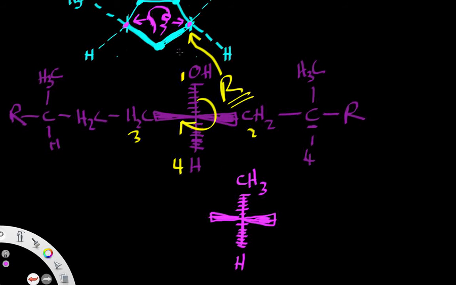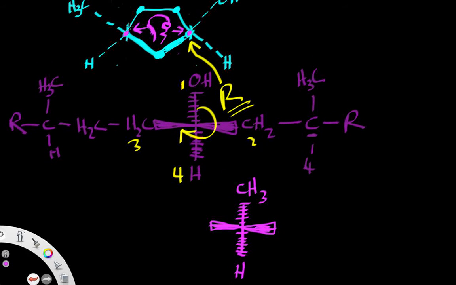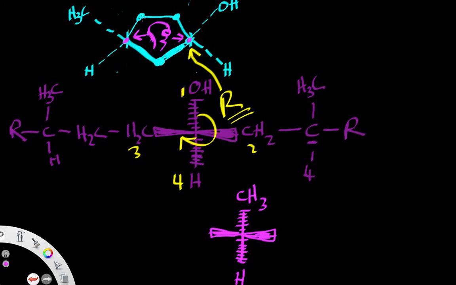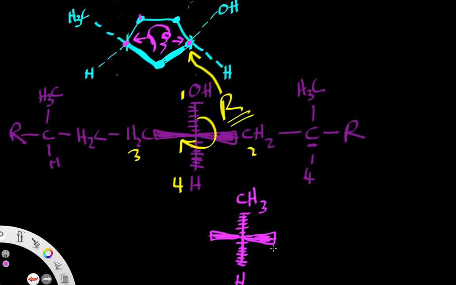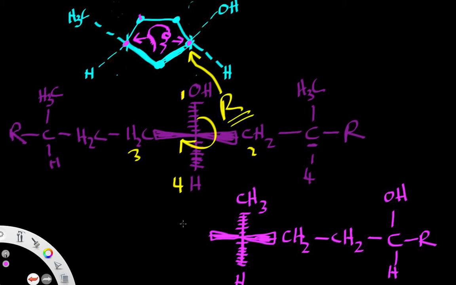And so if we look at it going to the right, starting with this carbon, we can see that we have CH2, CH2, and then we have another carbon attached to alcohol, hydrogen, and R for the rest of the molecule.